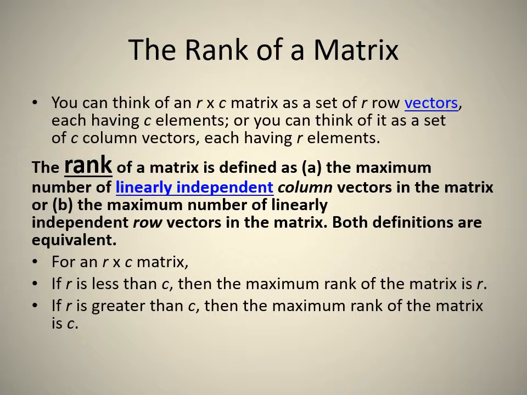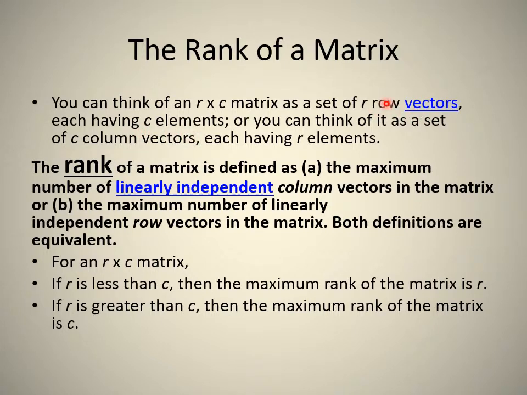Dependency of rows and columns, like we have just done, will determine the rank of a matrix. So if you have a matrix, let's say an R by C matrix, and you think of that matrix as a set of row vectors, each with C elements.